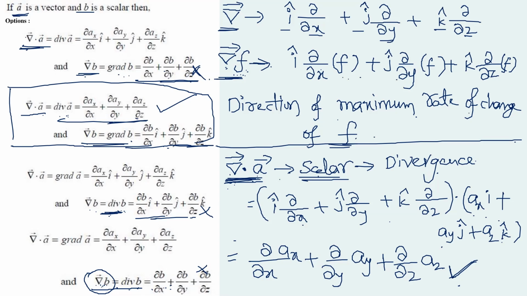If the fluid is diverging from a point, if it is spreading out, then divergence is positive. If the fluid is approaching towards a point from different points, then divergence is negative. So it generally denotes the spread of something. Here we have considered a fluid, so the spread of fluid.